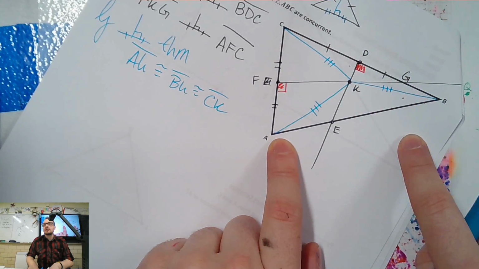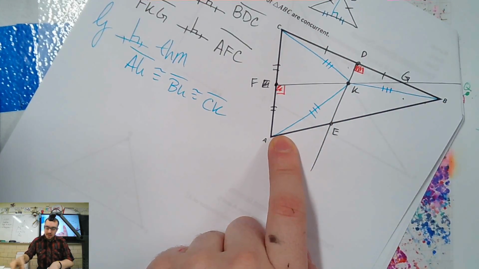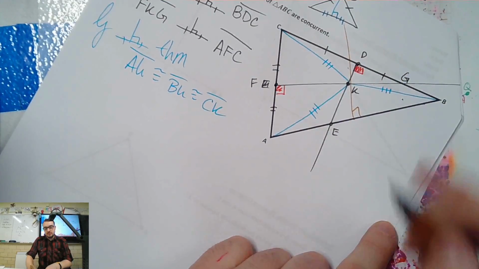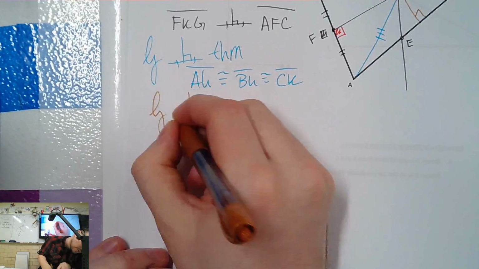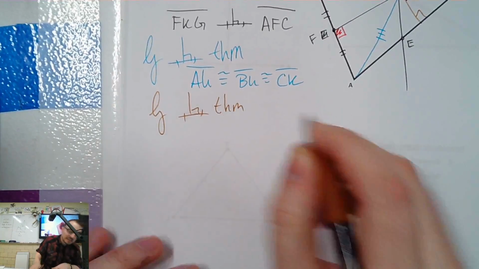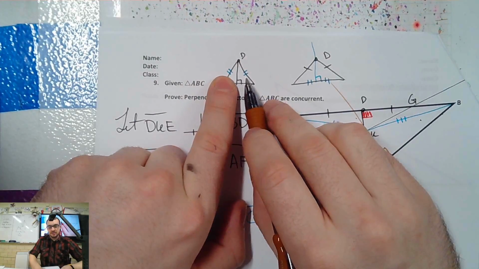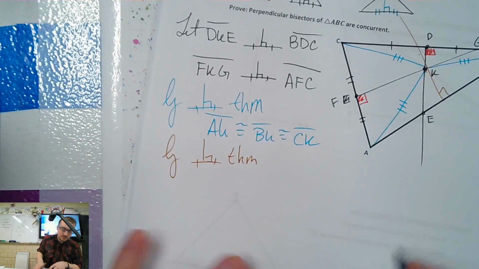Do you guys see that? If it's equidistant from A and B, then it must be on AB's perpendicular bisector. Goes through K. So by perpendicular bisector theorem converse, do you see how that's the converse? This said if it's on the perpendicular bisector, it's equidistant. This says if it's equidistant, it's on the perpendicular bisector. Okay, it's just backwards.